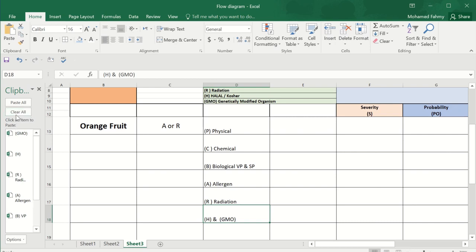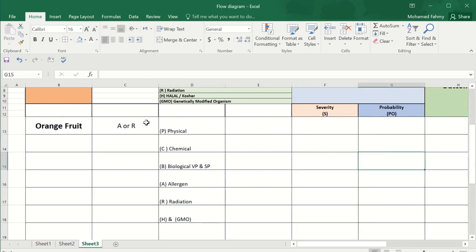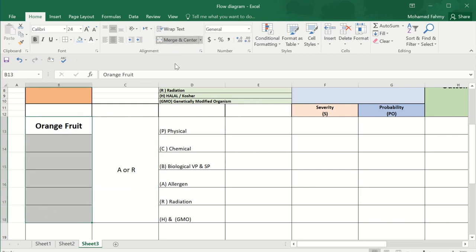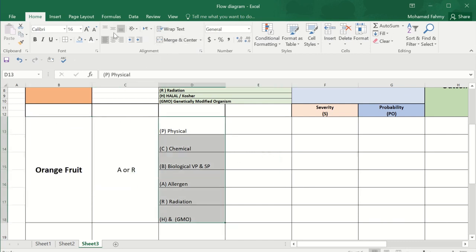Thank you, clipboard. Merge. Now let's go to the great job.